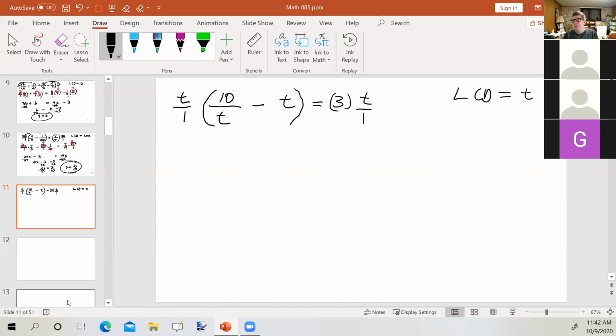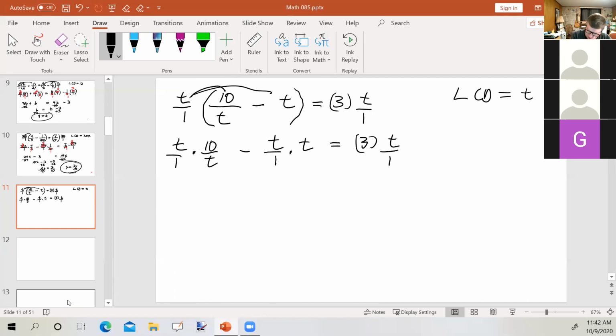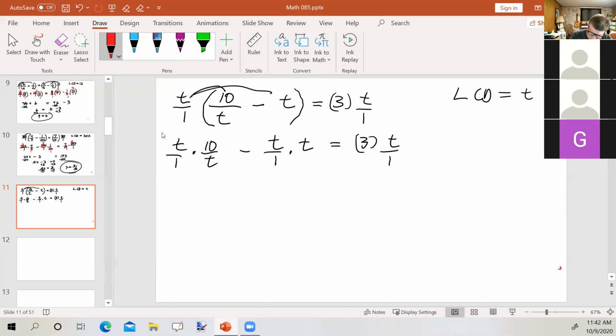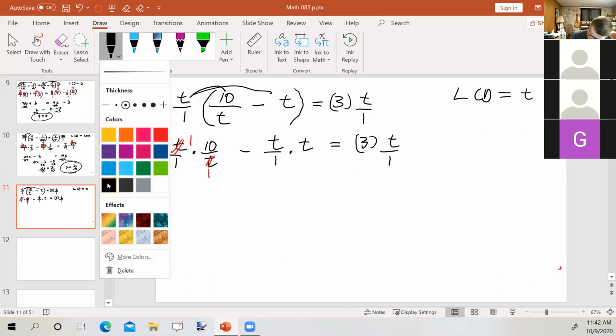And I'm just putting those ones under the LCDs just to remind you that they're in the numerator. All right, so distributing, T times 10 over T minus T times T equals 3 times T. Let's see, the first term, I'm going to reduce out the T's, and that's pretty much it.